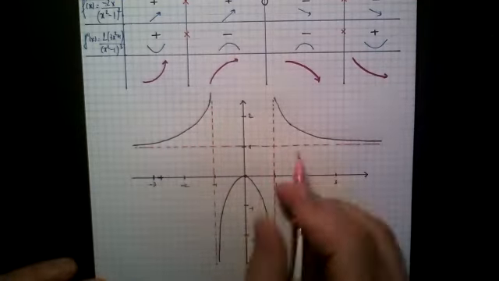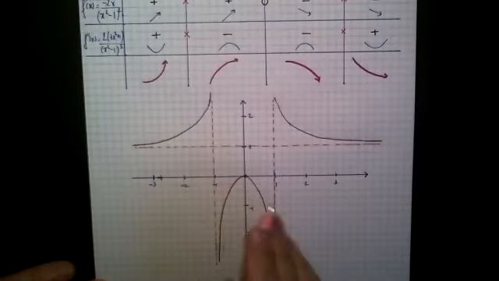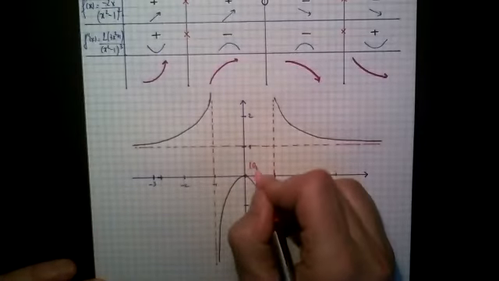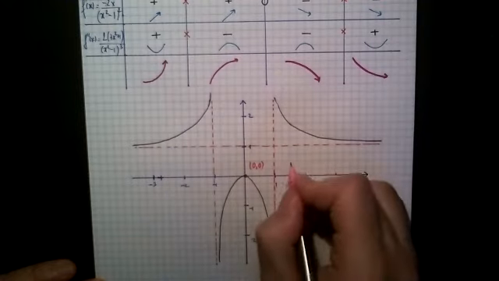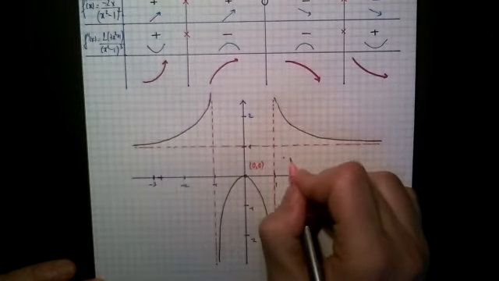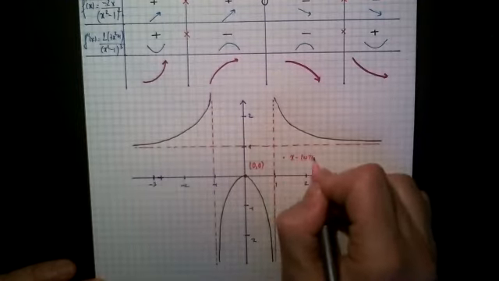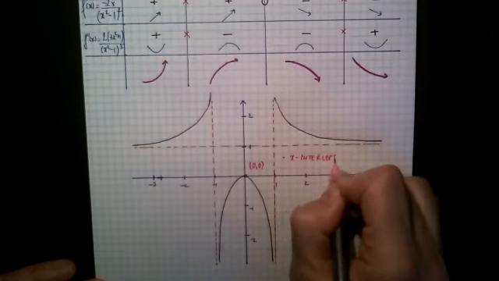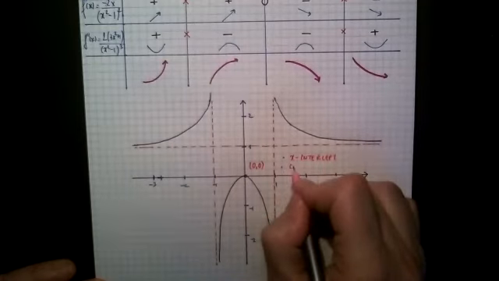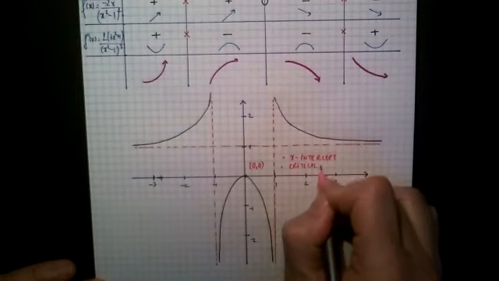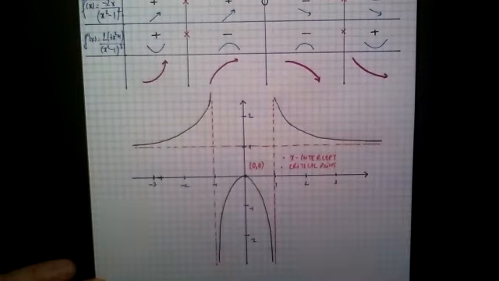And the only interesting point we have is 0, 0, which is, what is it? It is an x-intercept. It is a critical point. And it is what? Y-intercept.